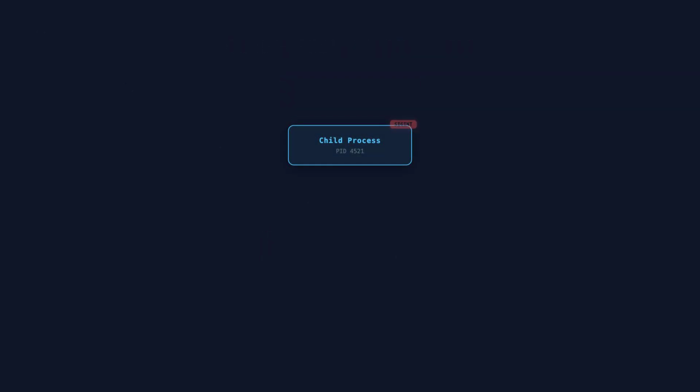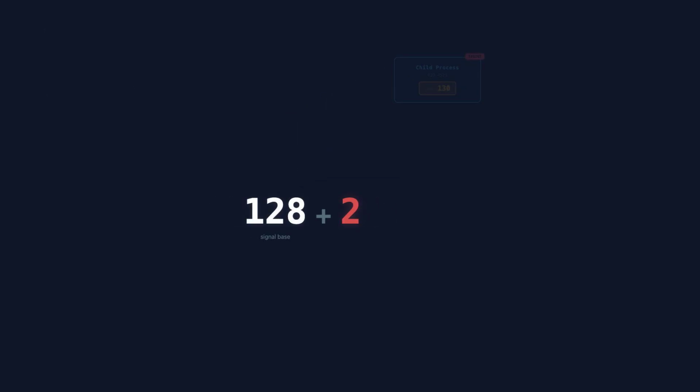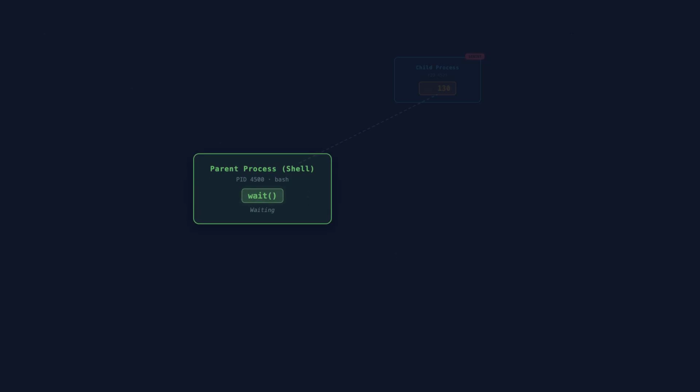When SIGINT's default handler terminates a process, the process exits with a specific status code, 130. That's 128 plus the signal number, and SIGINT is signal 2. The parent process, usually your shell, has been waiting for this moment. It called a function called wait, which blocks until the child process exits.